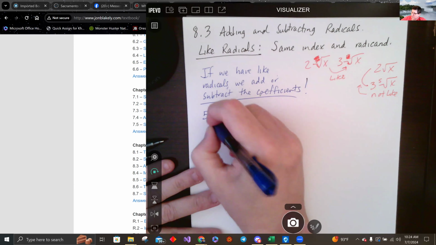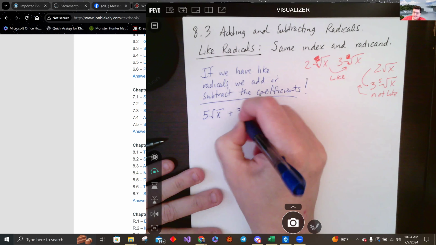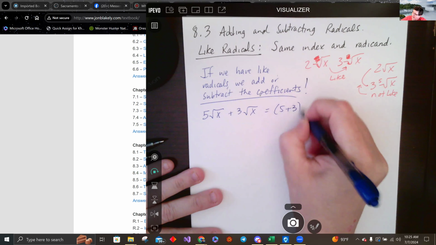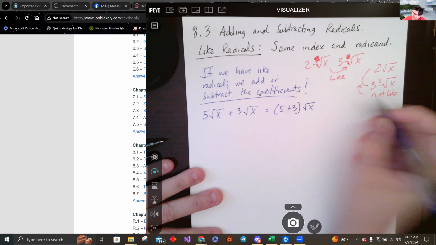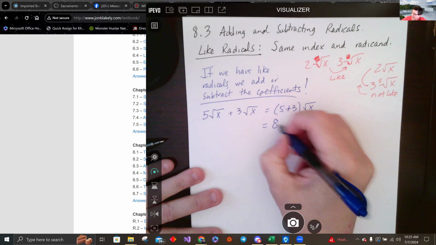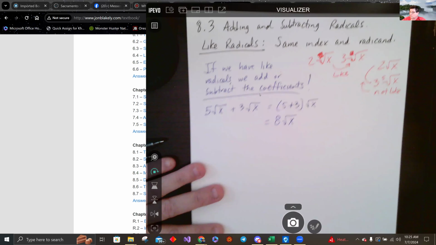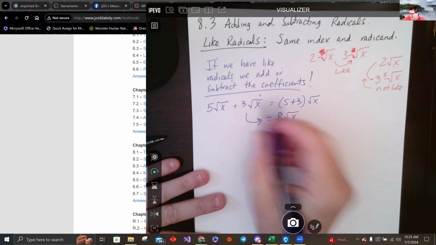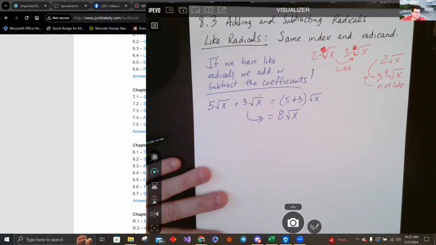If you have 5 square root of x plus 3 square root of x, this is 5 plus 3 times square root of x, which is 8 square root of x. And I think you could, fair enough, skip this step, but I wanted to show it.